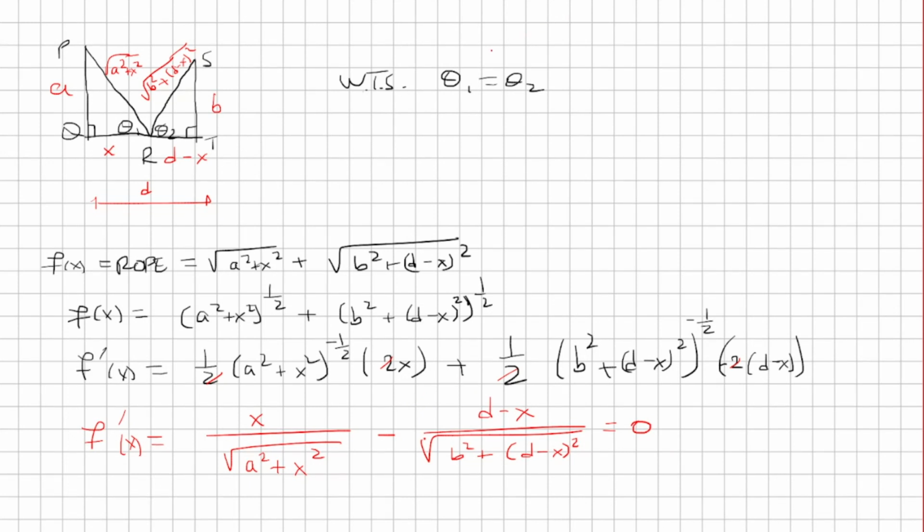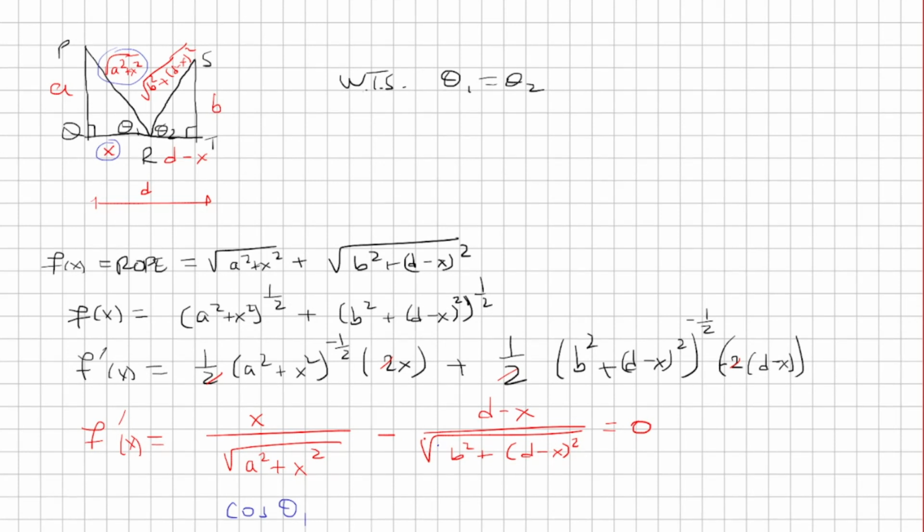Now, let's look at what we have so far. Okay, in reference to the triangle, what is x over the square root of a squared plus x squared? Well, I have x here, and then I have the square root of a squared plus x squared. What is that in relation to theta 1? Because we want to show theta 1 is equal to theta 2. Well, that's just the cosine of theta 1.